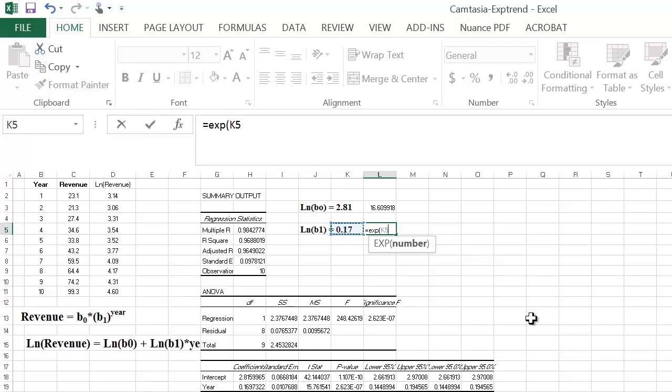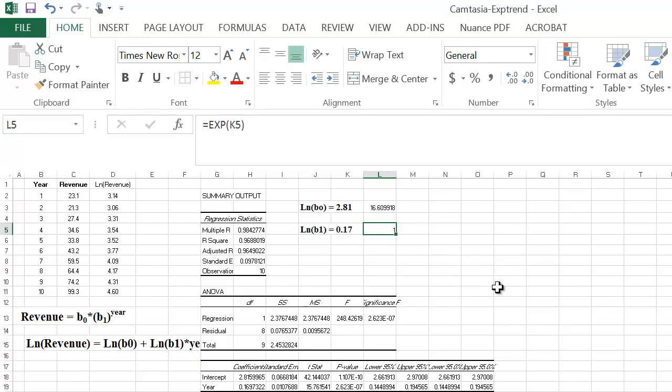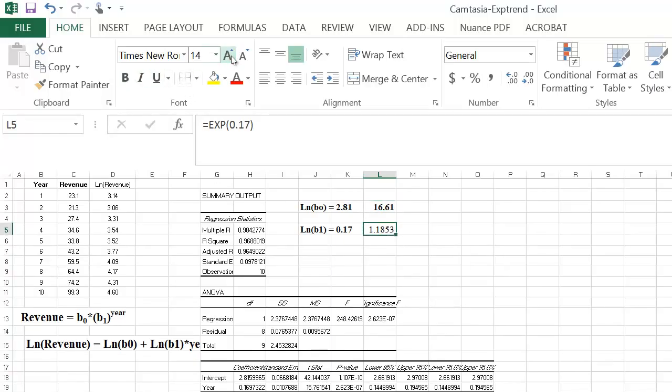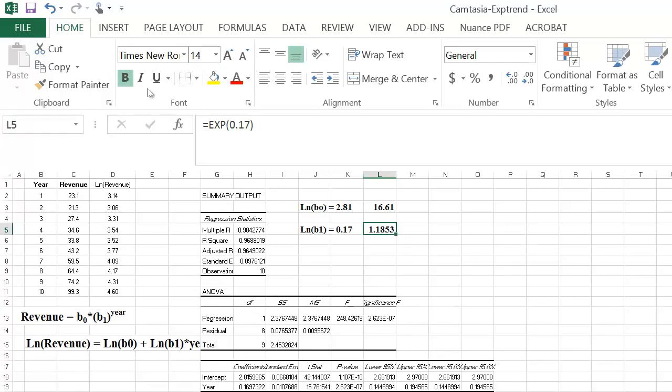e to the 0.17. So there you have the values for b0 and b1.